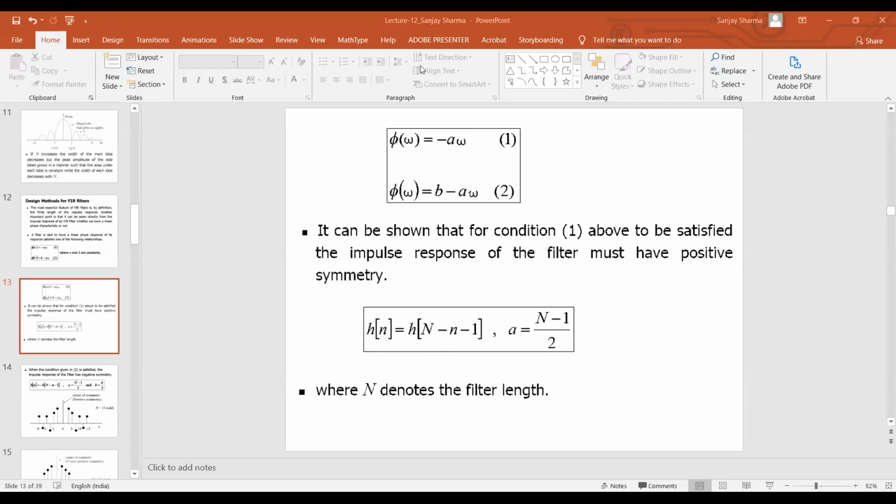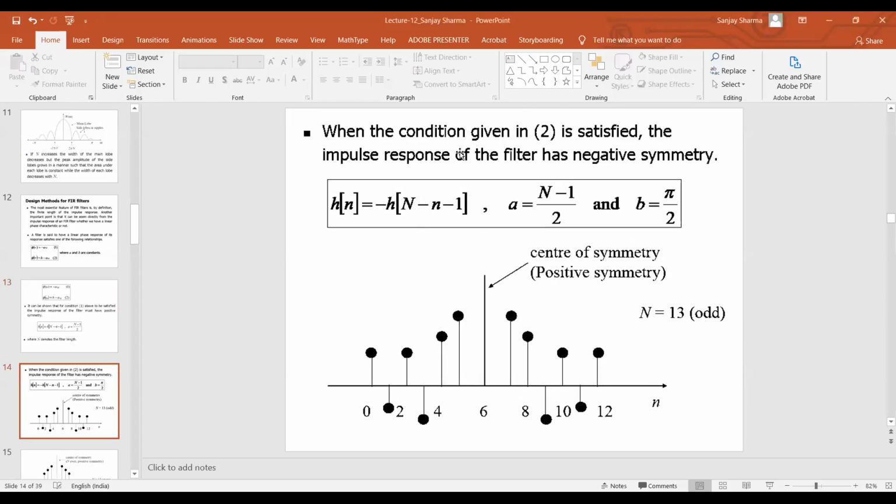When the first condition is to be satisfied, the impulse response of the filter must have positive symmetry. In order to satisfy the second condition, the impulse response of the filter has negative symmetry. That means h[n] is equal to minus h[N minus n minus 1].